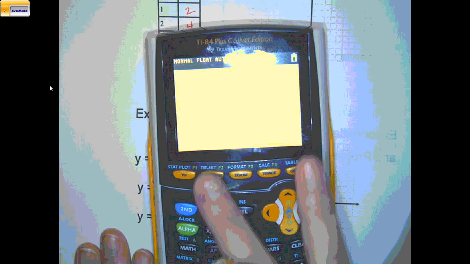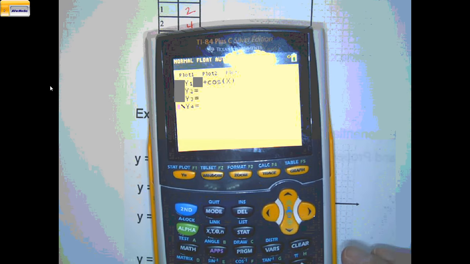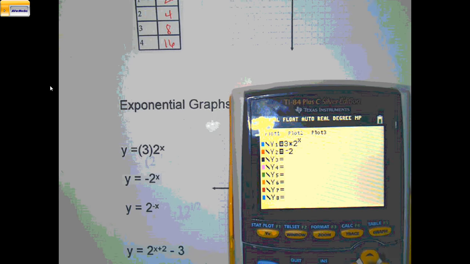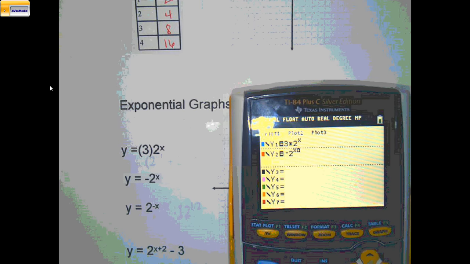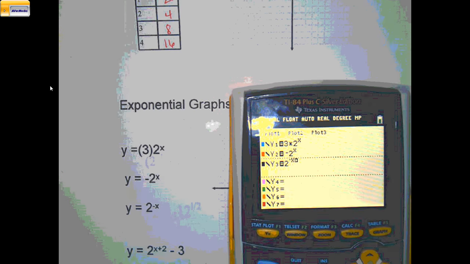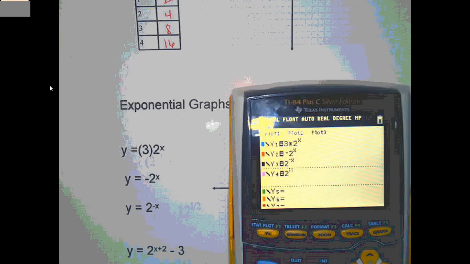So go to mode and make sure that you're not in polar. So we have 3 times 2 to the x, -2 to the x, 2 to the negative x, and 2 to the x plus 2 minus 3.